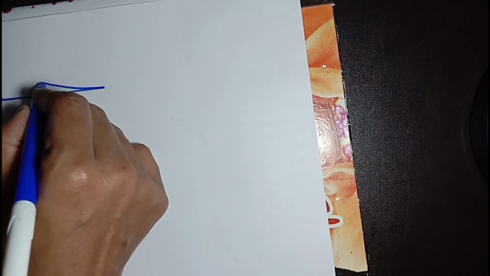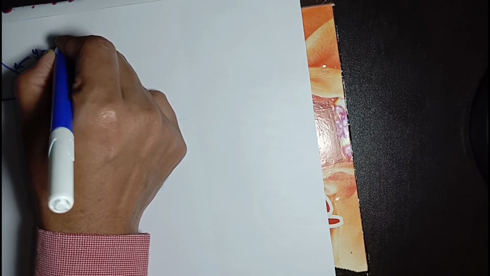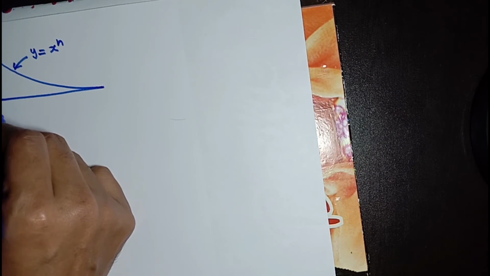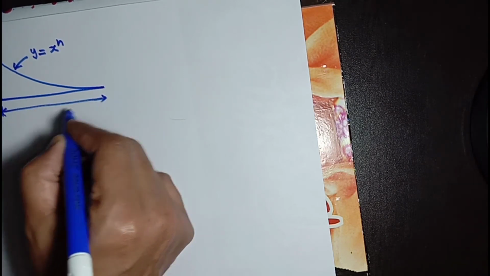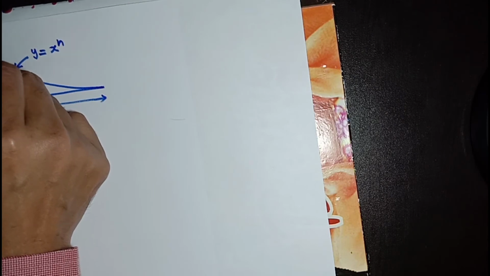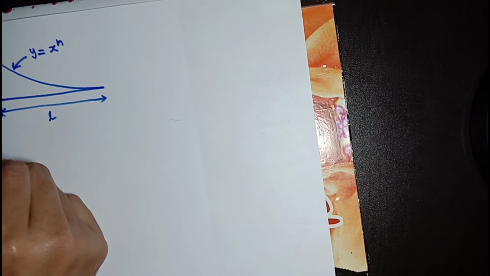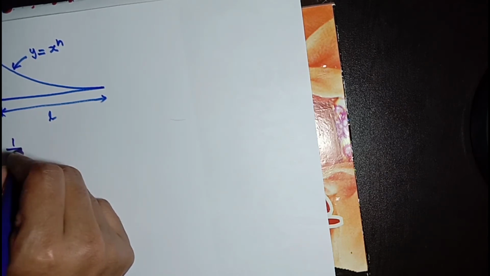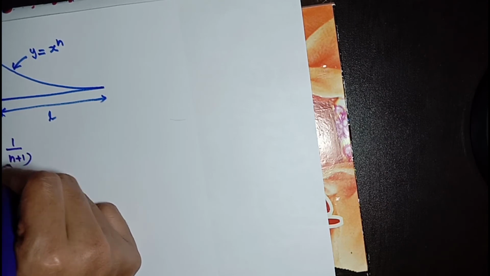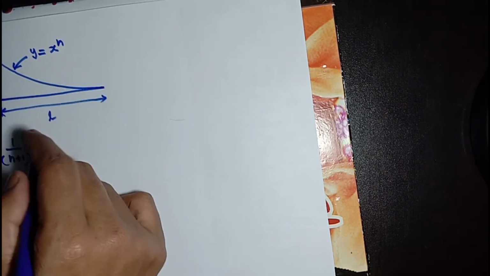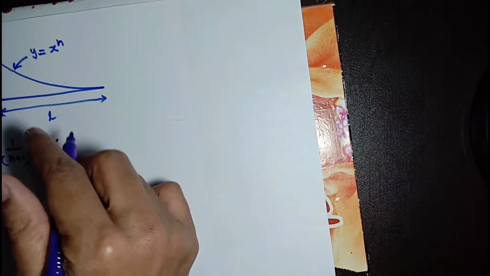If your curve is showing something like this, and y is a function of x to the power n, and this is length L, this is height h, then keep in mind the area of this graph will be 1 divided by n plus 1, multiplied by length, multiplied by height h.